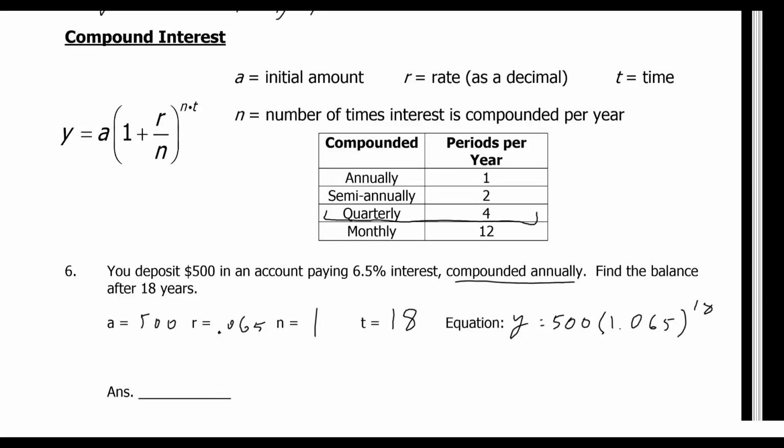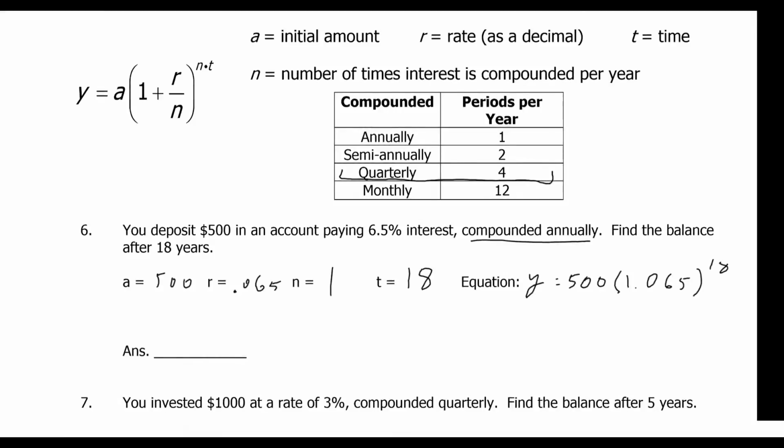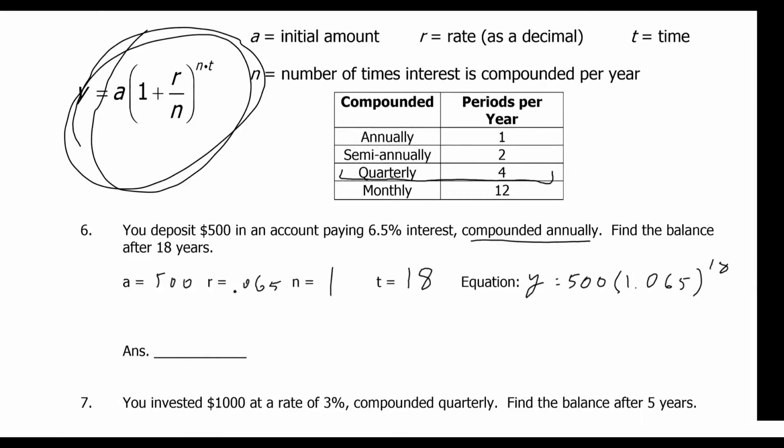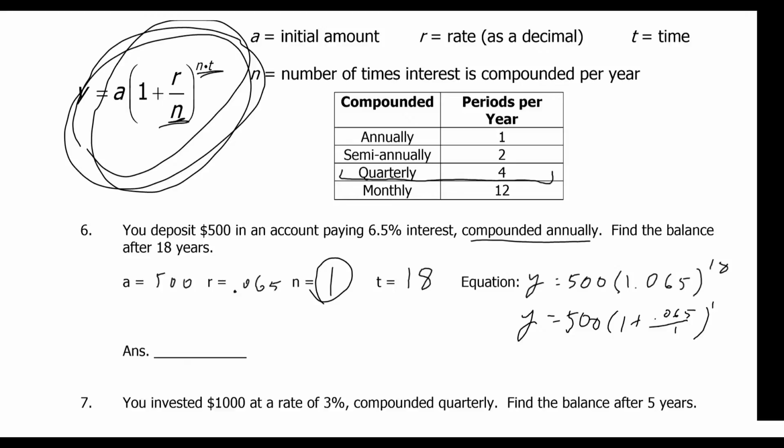Alright, now, y'all are probably like, well, what about this formula right here? Why didn't you use this? What about dividing by n, multiplying by n, and all that stuff? Well, the thing is, the n for this is just 1. So really what I did was y equals 500 on the outside of 1 plus 0.065 divided by 1 raised to the 1 times 18.